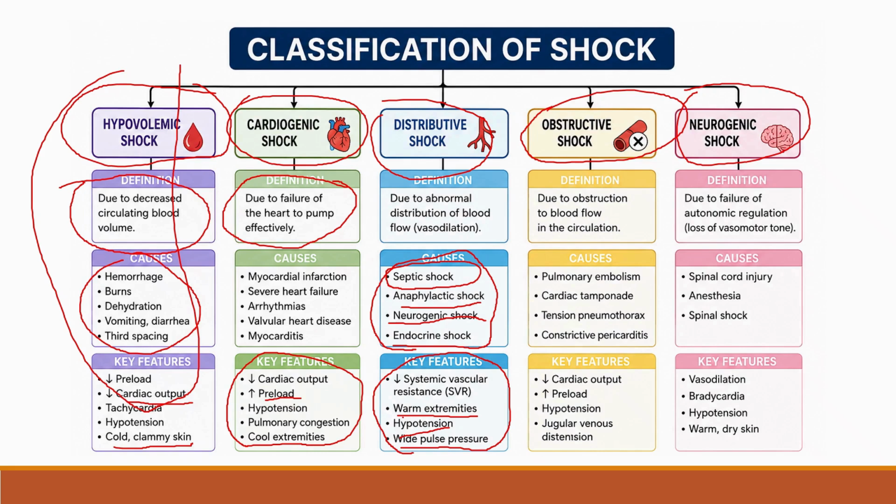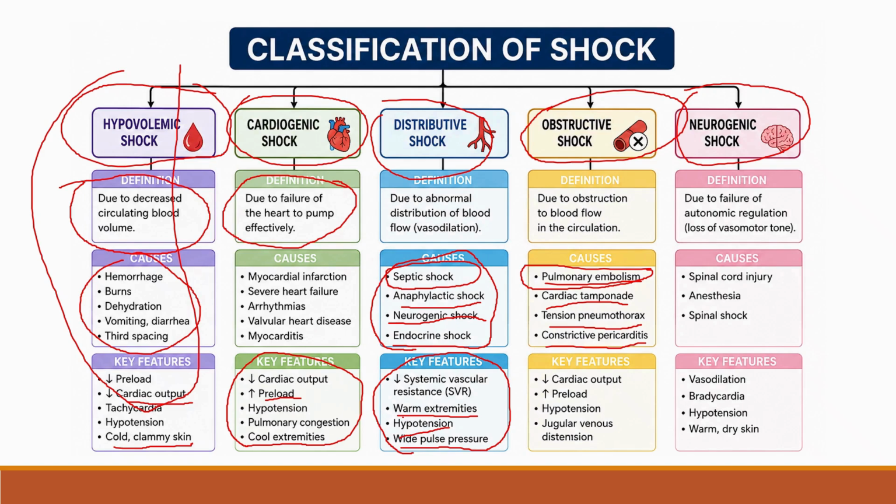And next you can see the obstructive shock. In the obstructive shock, you just need to remember there will be blockage in the blood vessels: pulmonary embolism, cardiac tamponade, tension pneumothorax, and constrictive pericarditis. For easy remembering, think of pulmonary embolism, or even atherosclerosis.